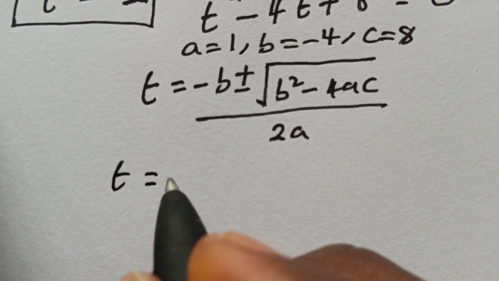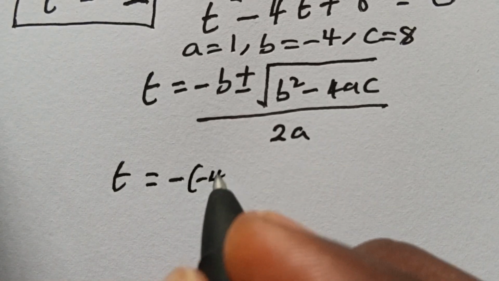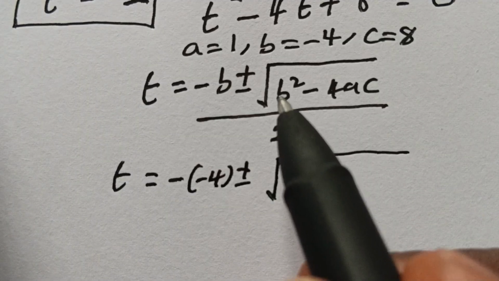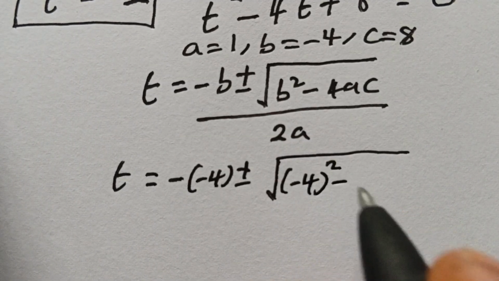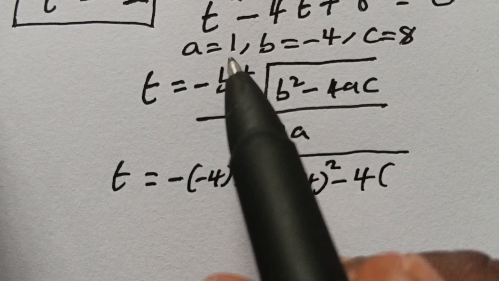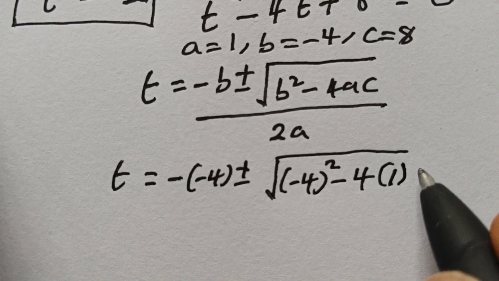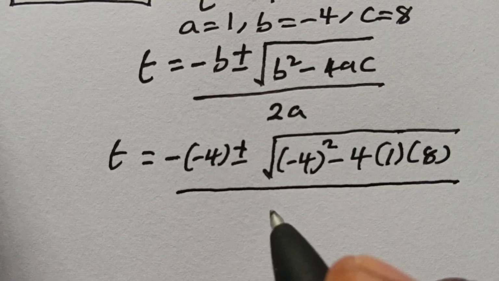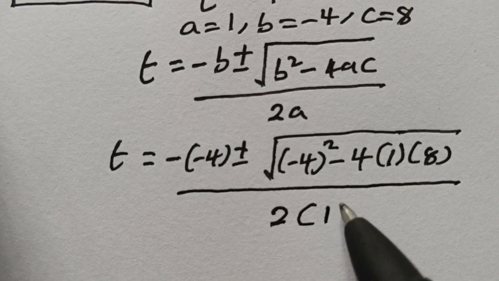T equal to minus, what is b? B is minus 4. Minus minus 4 plus or minus square root of b squared, that will be minus 4 all squared, minus 4 into, what is the value of a? A is 1 and c is 8. So we have into 1 into 8, divided by 2 into, what is a? A is equal to 1.